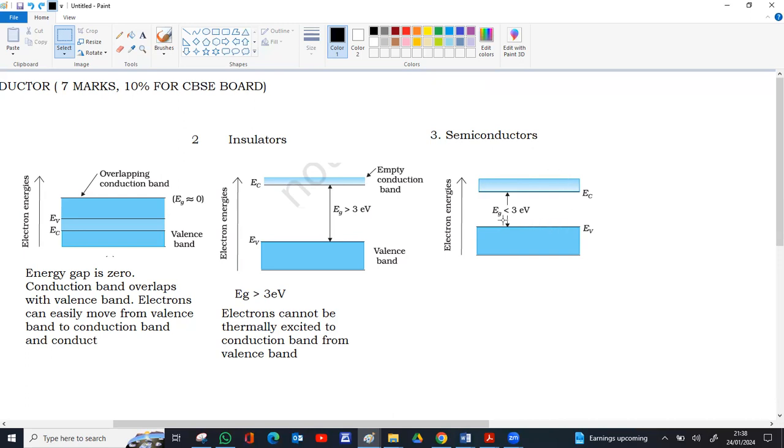Silicon has 1.1 electron volt which is less than 3 electron volt, and germanium has 0.7 electron volt which is again less than 3. So those two are elemental semiconductors. In those cases, the thermal energy, heat energy, can provide sufficient energy for the electron in the valence band so that it can enter the conduction band. So it is easy to conduct with the help of thermal energy.